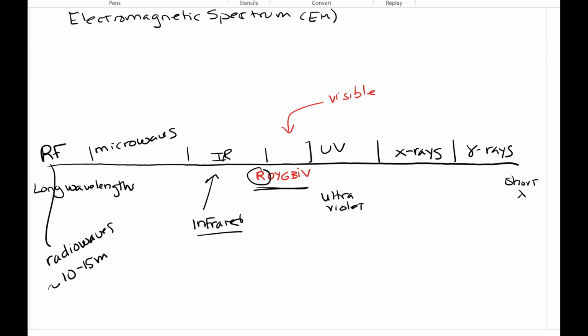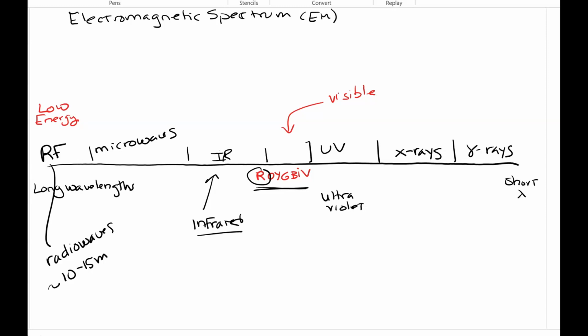It's important to note that the parts of the EM spectrum with long wavelengths have low energy. So radio waves, which have very long wavelengths on the order of meters, have low energy.